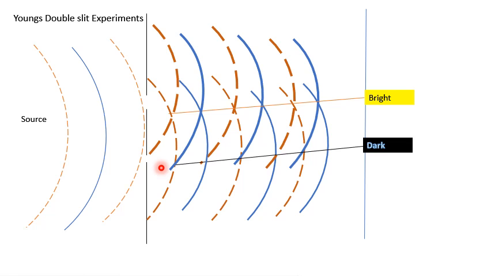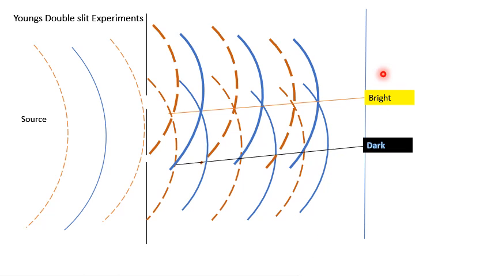But there are a few other points where crest overlaps trough and trough overlaps crest. If we collect these points, we find that the intensity becomes minimum. Why? Because the crest and the trough are at 180 degrees to each other, and in such a condition they minimize the intensities.